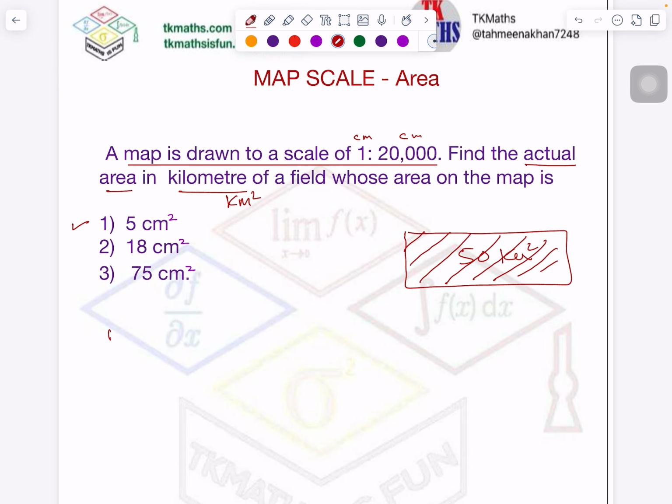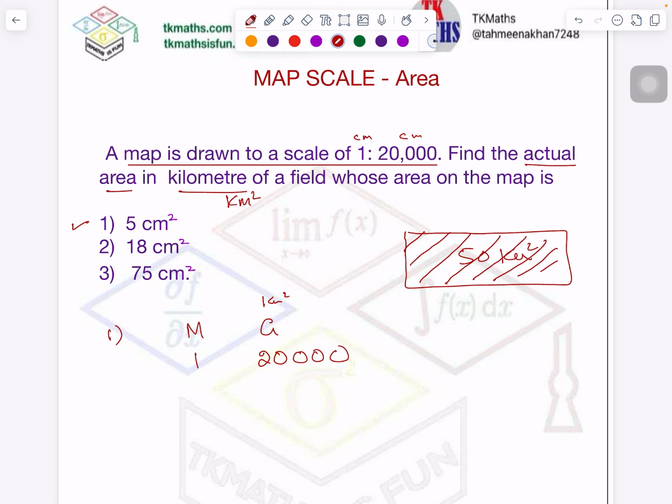So what is the scale given to us? Map is to ground, 1 is to 20,000. But I have to find the actual area on the ground in terms of square kilometer. Right now, the length map scale is given.